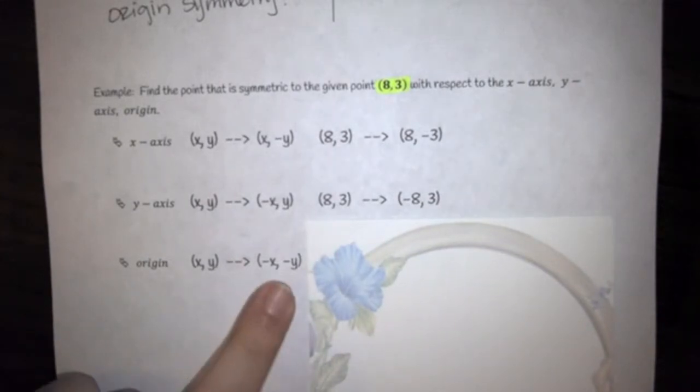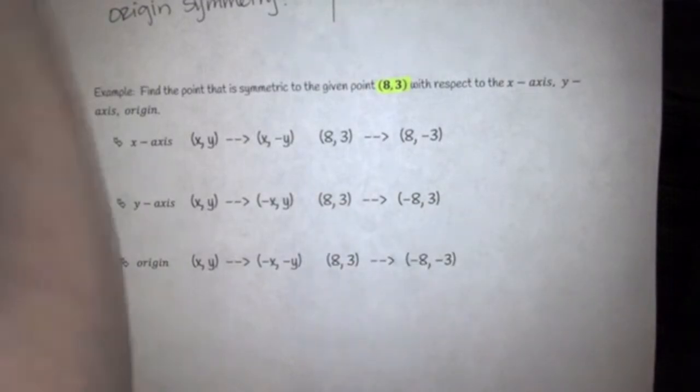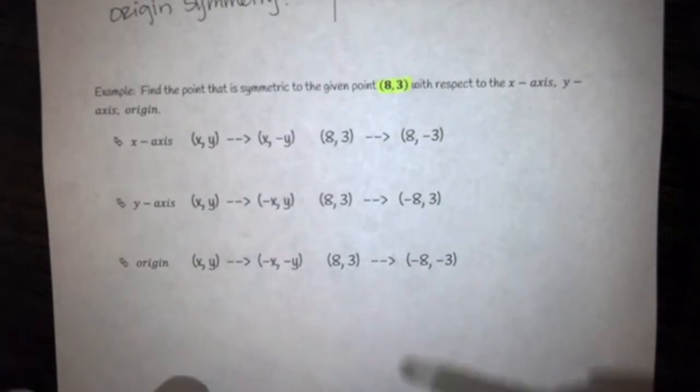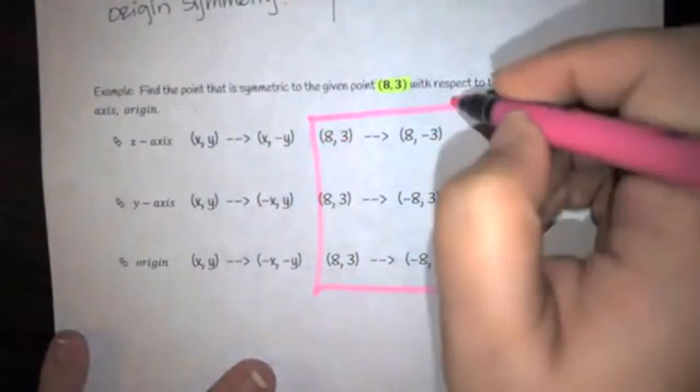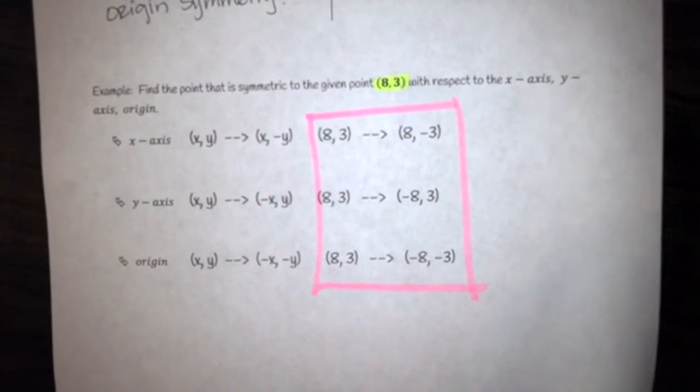Last, we have your origin, and your origin says you have to have the negative of both coordinates in order to be origin symmetrical. So therefore, we have the point negative 8, negative 3. And that is all you would have to do, essentially, in order to show what your symmetry points are. I'm looking at this part right here, being able to show what the original point was and what its matching points came out to be. Okay.